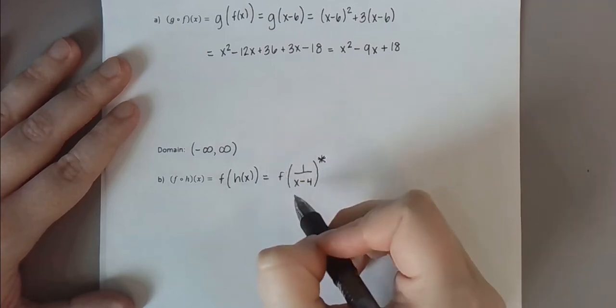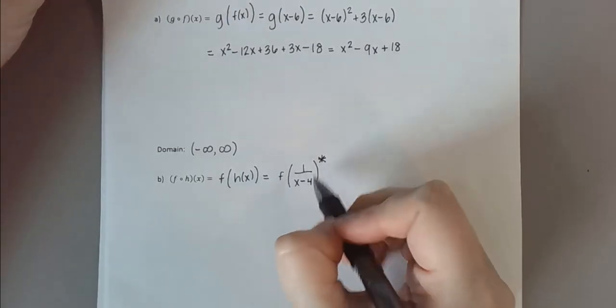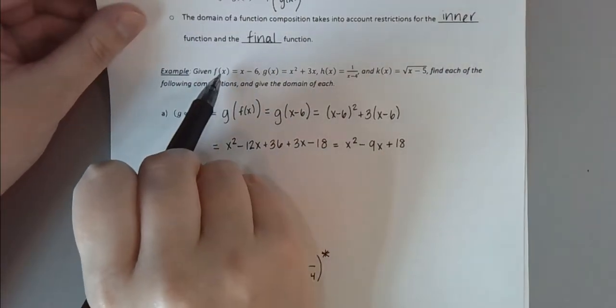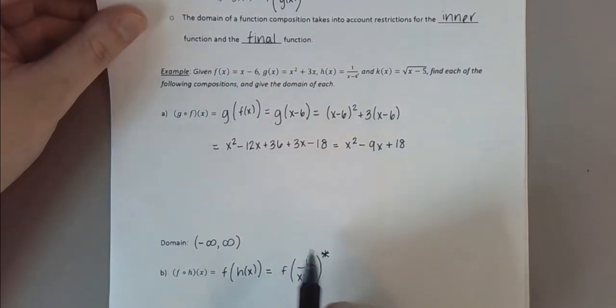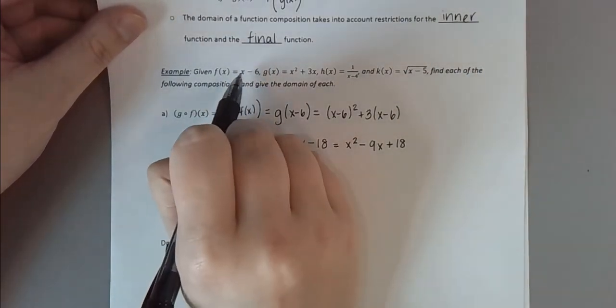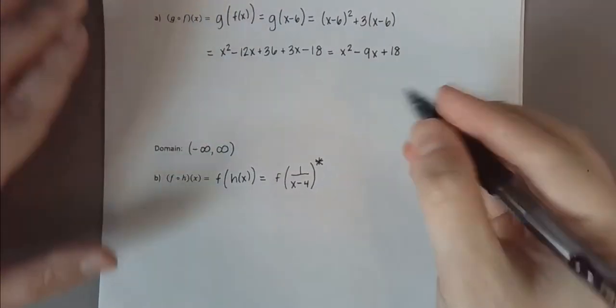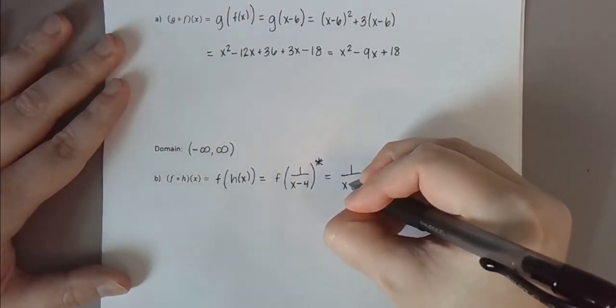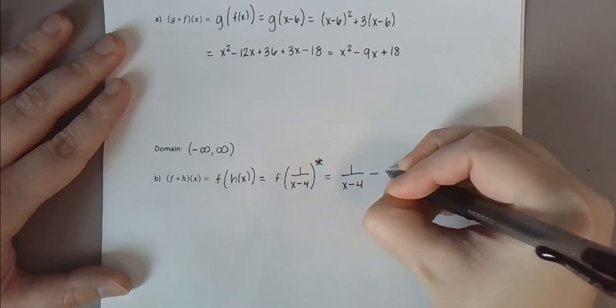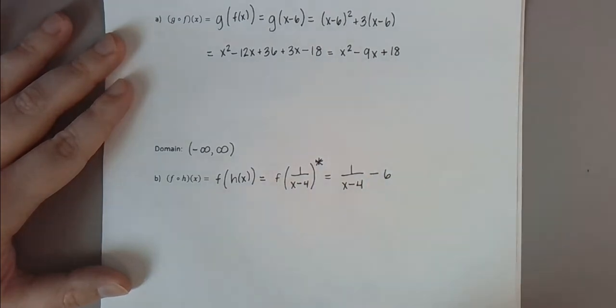Now we can evaluate our function. So f with this as its specific input. Now remember, f was our linear function, x minus 6. So this is going to be the input that replaces our generic input, x. So that's going to be 1 over x minus 4, all of that minus 6.